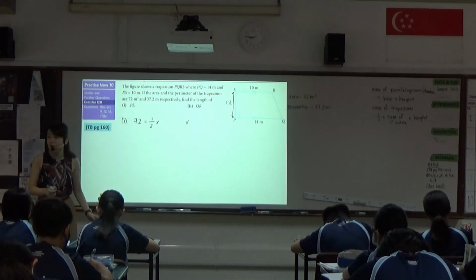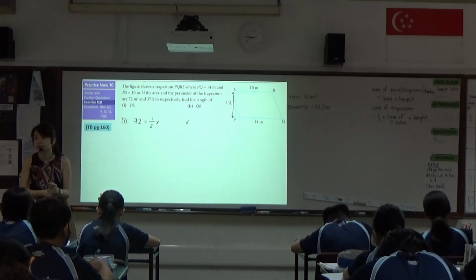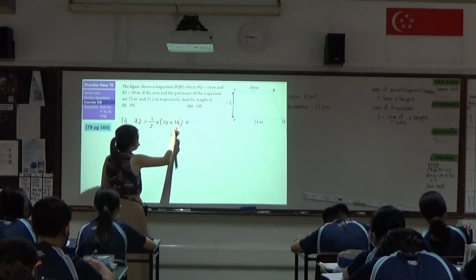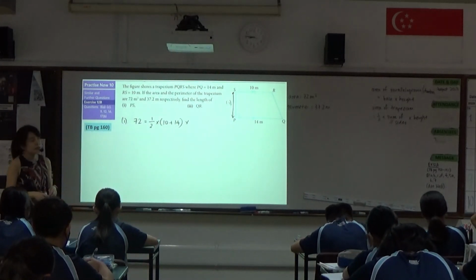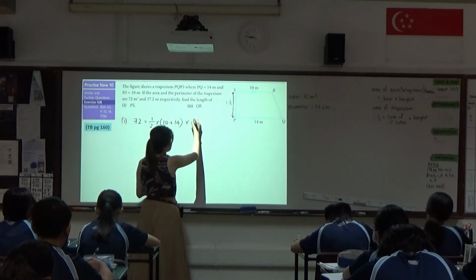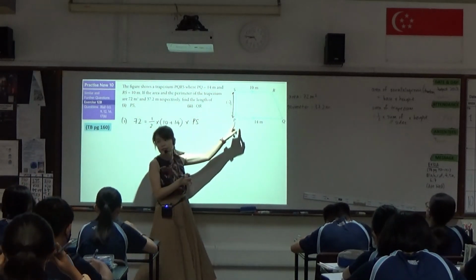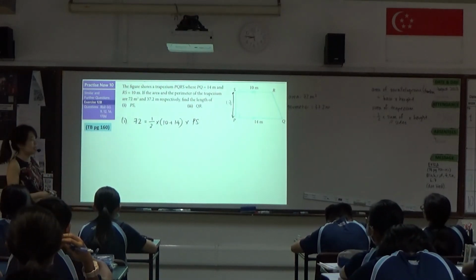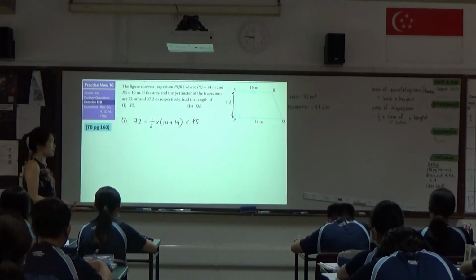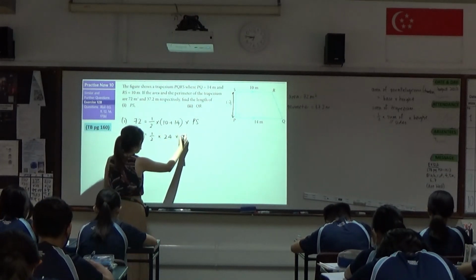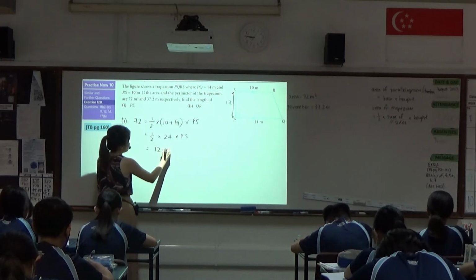You get 24 because of the sum of sides, so 10 plus 14, not any sides, must be parallel sides, then times the height, which is called PS in this case. Now that we have formed this equation, you may choose to simplify it. Half times 24 times PS gives us 12 times PS.